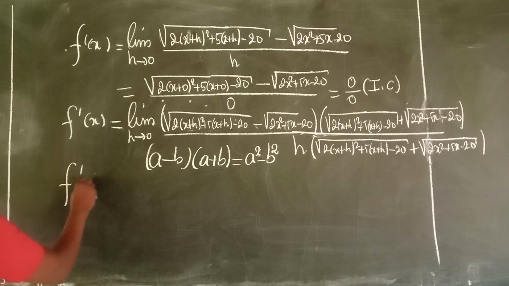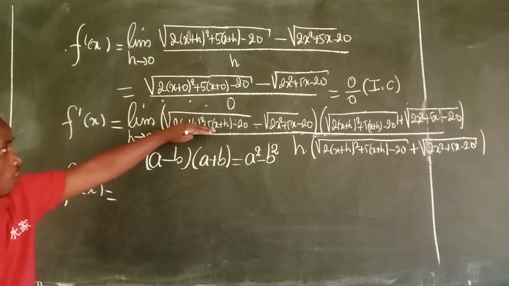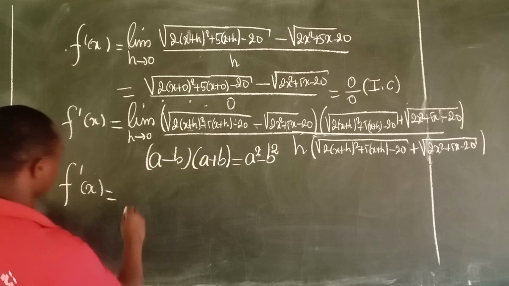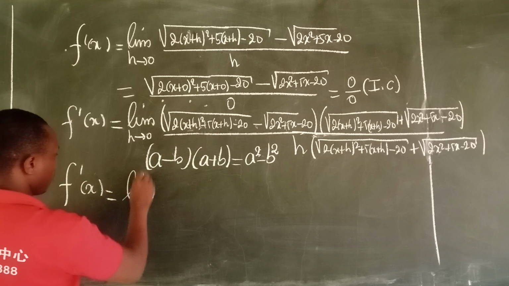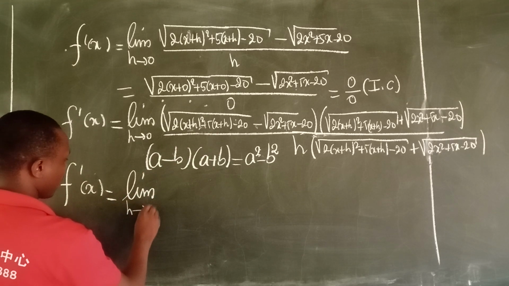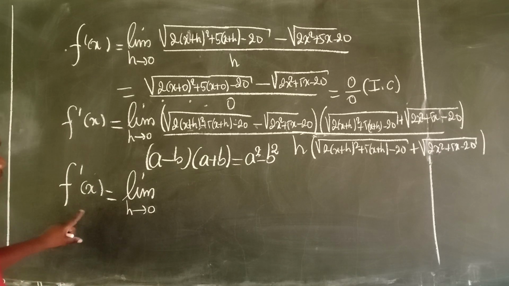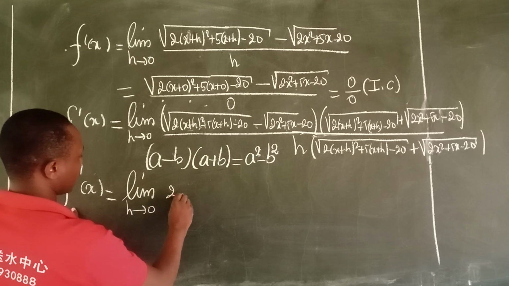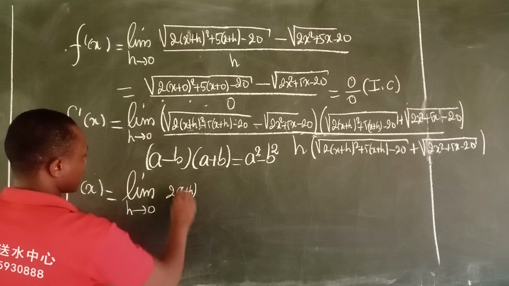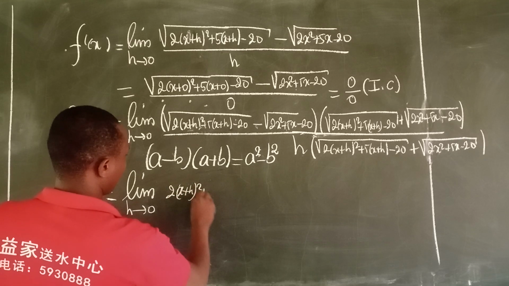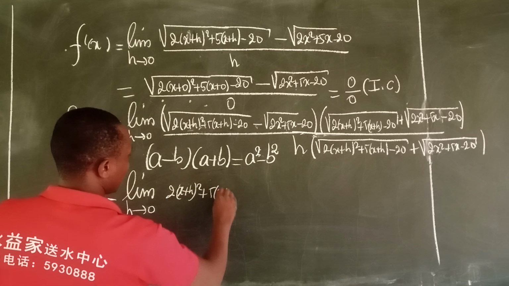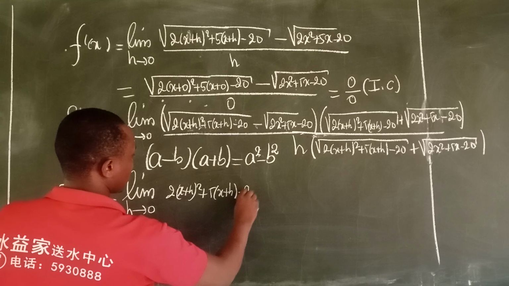Here f prime of x, the derivative, will have the square of this. First of all, write a limit where h approaches 0. Here is 2(x plus h) squared plus 5 into (x plus h) minus 20.